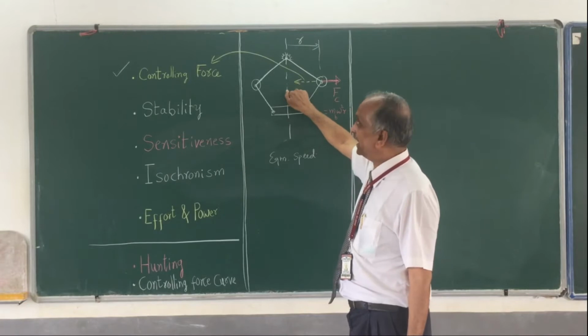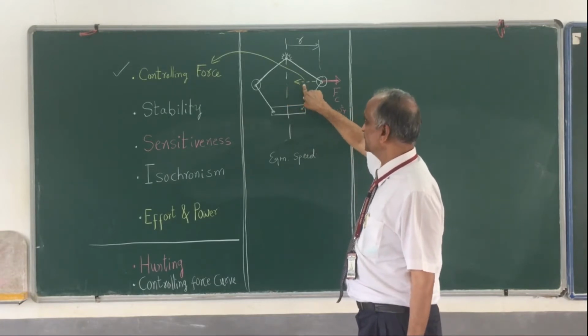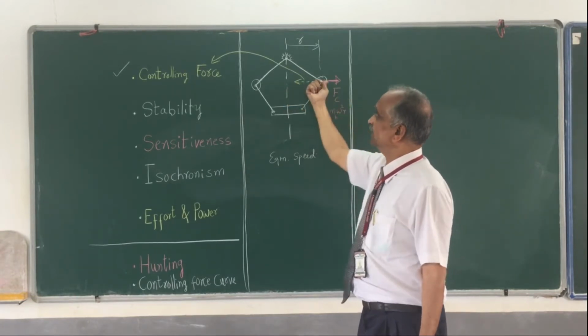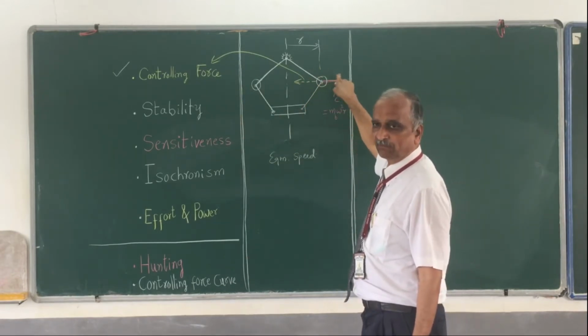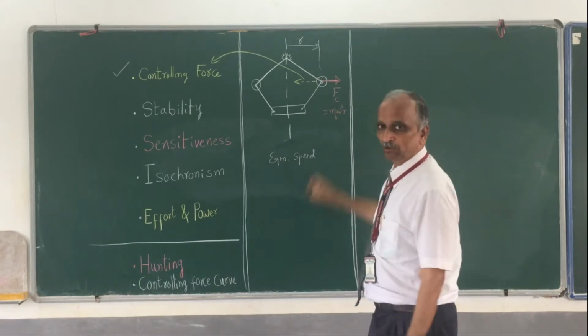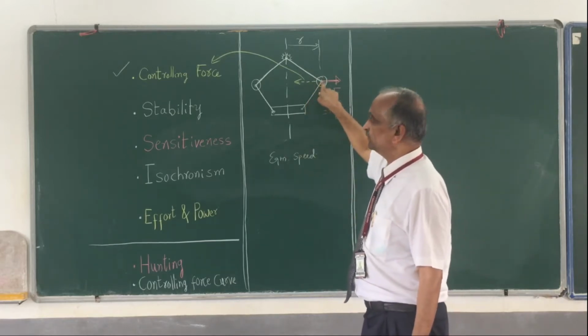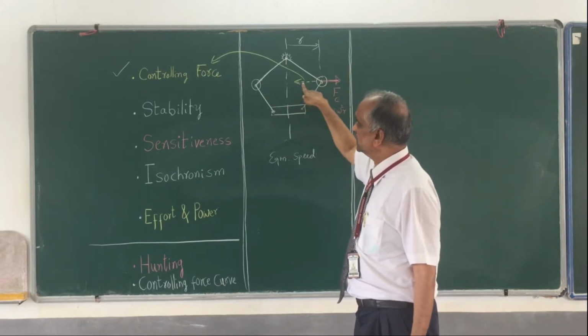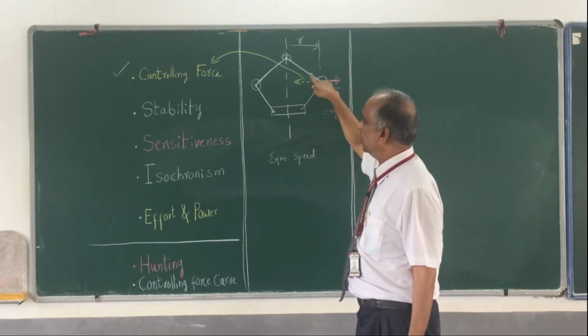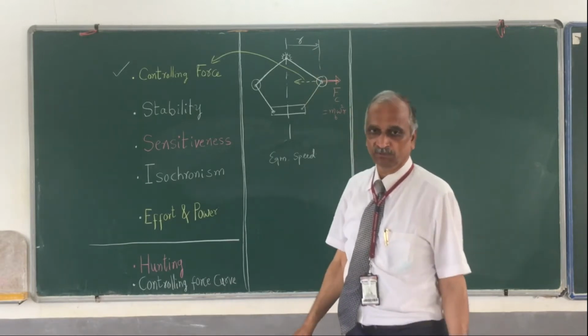What is the magnitude of that? If this force is more than the centrifugal force, then the balls will come inwards. If this force is less than the centrifugal force, then the balls will go outwards. Since the balls are not going outwards or inwards, the controlling force is equal to the centrifugal force.